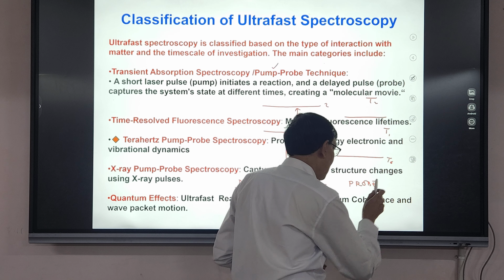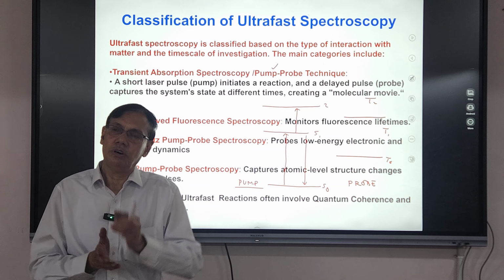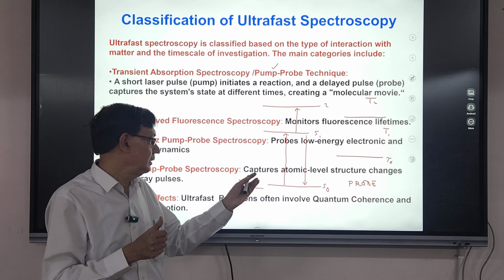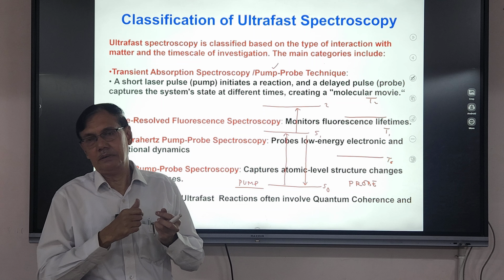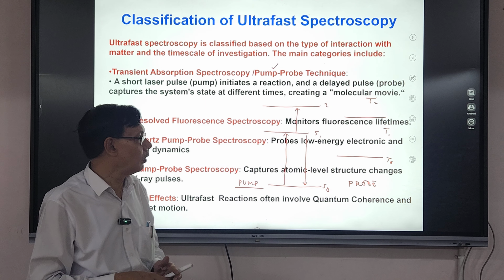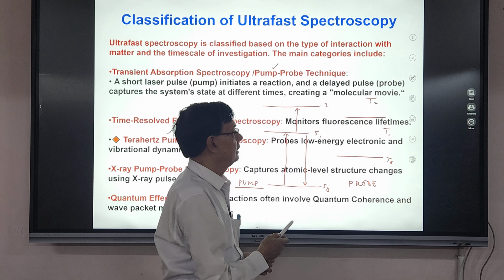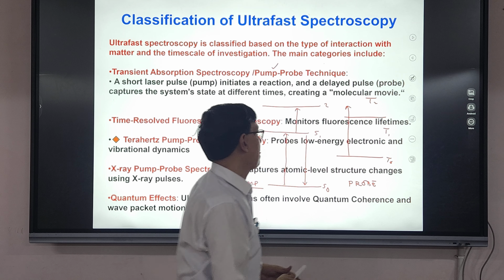You can use one source, I will show you the picture, and use a beam splitter. So first you have the pump laser, which is short-lived, and second the delayed one, that is called the probe, and that is responsible for that. And then of course a triplet to triplet transition is also possible.